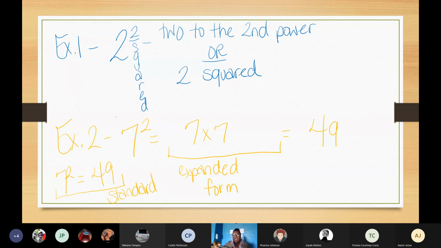One, that expanded form is when we write out how many times we're multiplying that base number by itself. And standard form is when we basically solve our exponent expression, okay? You also want to make sure you know, anytime I see a 2 as my exponent, I can say the base number to the second power, or I can say squared.